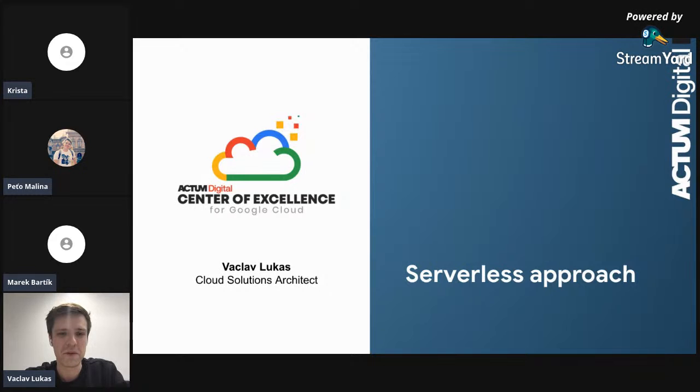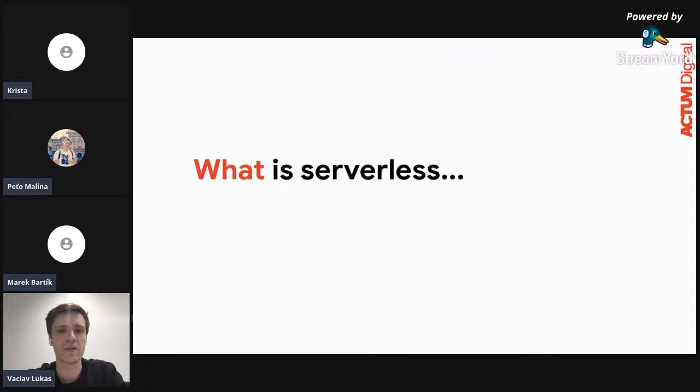So probably the $1,000,000 question here, which maybe somebody already knows the answer to, is: what is serverless? Well, serverless is a cloud computing execution model in which the cloud provider allocates machine resources on demand, taking care of the servers on behalf of their customers.